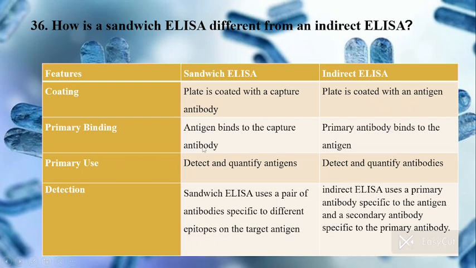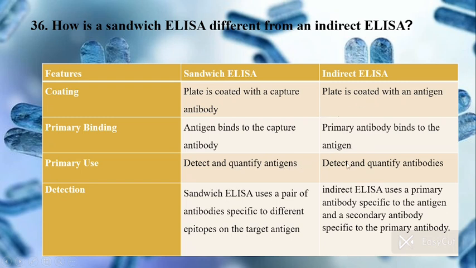The primary use of sandwich ELISA is to detect and quantify antigens. As the wells or plates were coated with an antibody, those antibodies are going to react with antigens, and we are going to detect those antigens and quantify them.